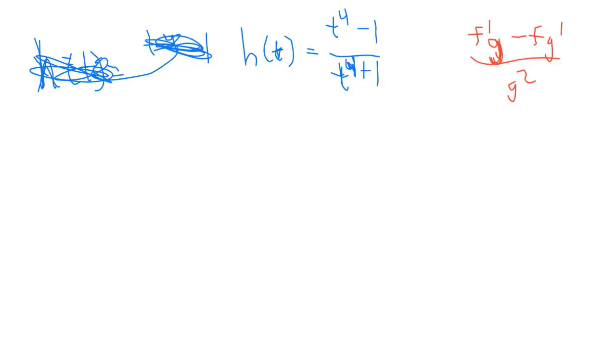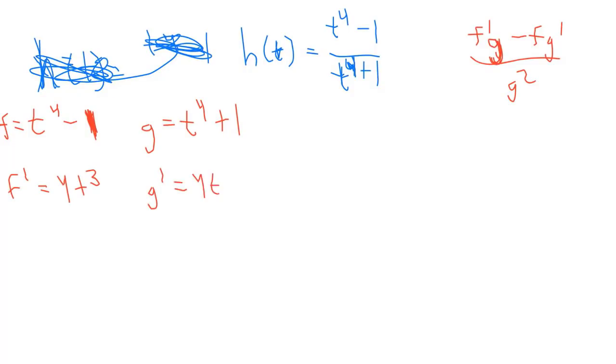And in order to do that, we again label our f and g. And then we get f prime equals 4t cubed and g prime equals also 4t cubed. And then we plug that in to our equation and we get h prime of t is equal to 4t cubed times t to the 4th plus 1, sorry, we're doing f prime times g.